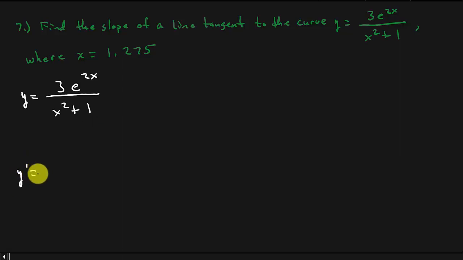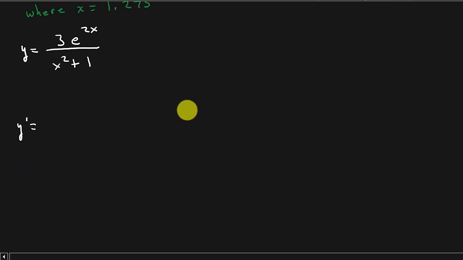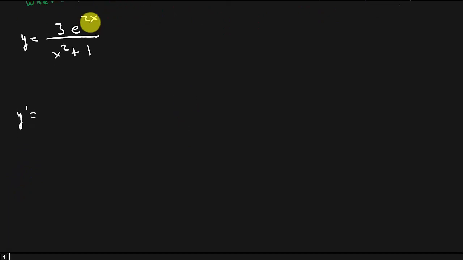And so y prime, the quotient rule, says what? The derivative of the numerator, which is 3e to the 2x, times the derivative of the exponent, so times 2, times the denominator.